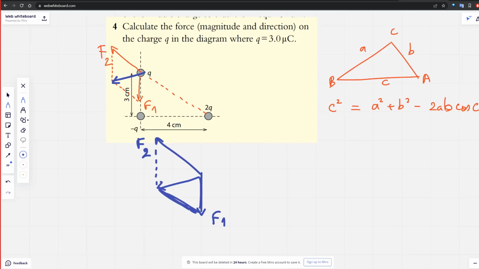This side is F2, this side F1, and to find the total F here, we need to know this angle, and it is difficult to find it directly. We can find this angle first instead, because in this parallelogram the sum of these two angles, alpha and beta, will be 180 degrees. So you can find the alpha angle here, therefore you can deduce the value of beta.